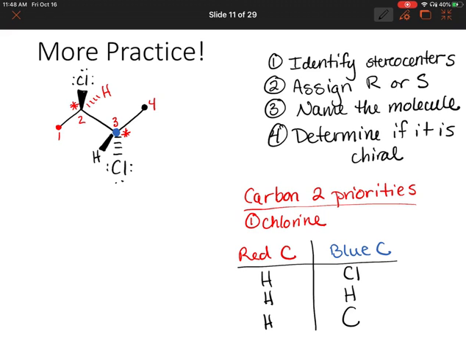Okay, so let's eliminate anything that's the same. Okay, so that's just the hydrogens there. So now it's a competition between hydrogen-hydrogen and then chlorine-carbon. So which carbon would win, the red carbon or the blue carbon?